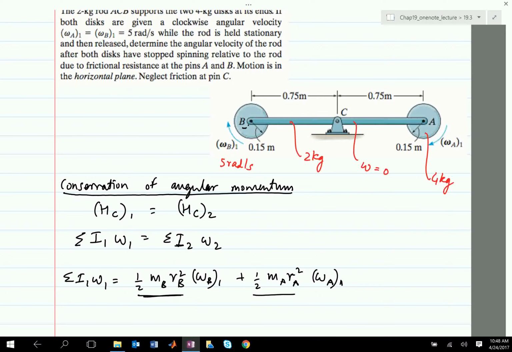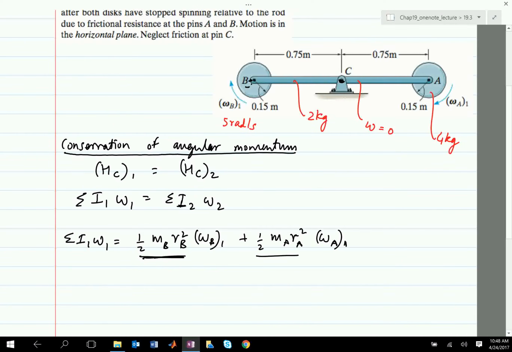It doesn't quite rotate about point C. When you have a pendulum, it rotates about point C, so you've got to find the inertia about the axis which passes through C. But in this case, if the pendulum had a disk which was spinning and the pendulum was stationary, you don't have to find the inertia of the disk about the point C, because it is not spinning about the point of contact or the hinge point. It's spinning about its own axis. So in such cases, you don't have to use the parallel axis theorem, because it rotates about B and not about C.